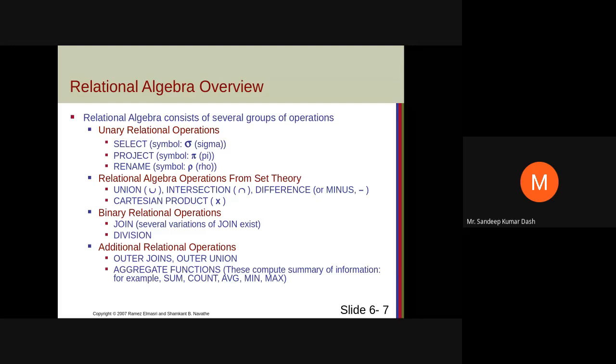So in select you are selecting the rows. In project you will fetch the columns. And in rename you are renaming the relation name or the intermediate result. Whatever result table you are getting, that name you are changing. So rename is for renaming the relation, project is for selecting the columns, and select is for selecting the rows. Then we will come to union, intersection and all.